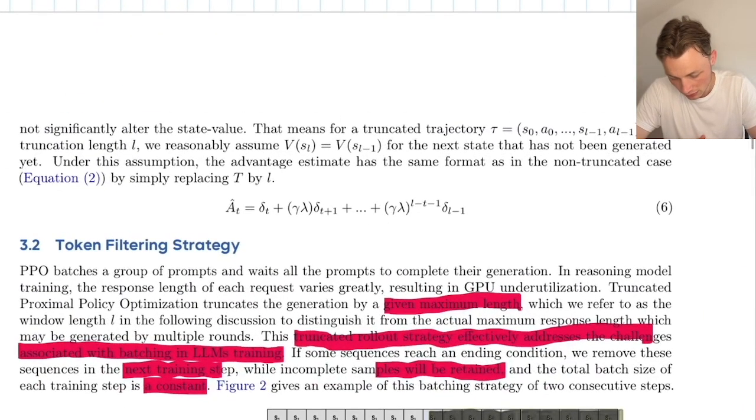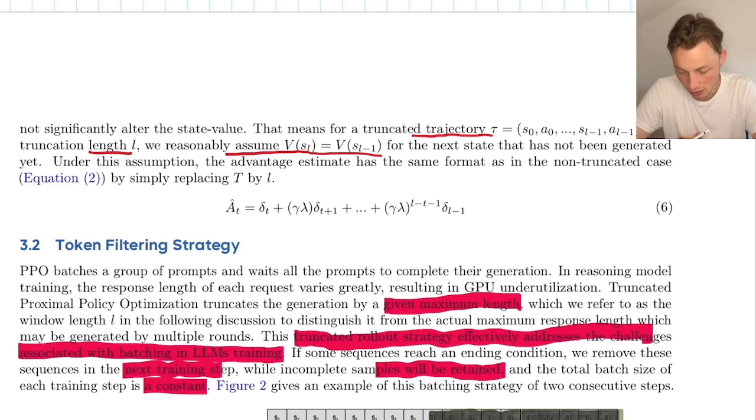They say it here. That means for a truncated trajectory with truncation length L, we reasonably assume that the value function of the state S and the value function of the state L minus 1 is pretty much the same. So they say it's not a big difference. If I'm at state 5, the value function of state 6 is pretty much the same as the value function of state 5.